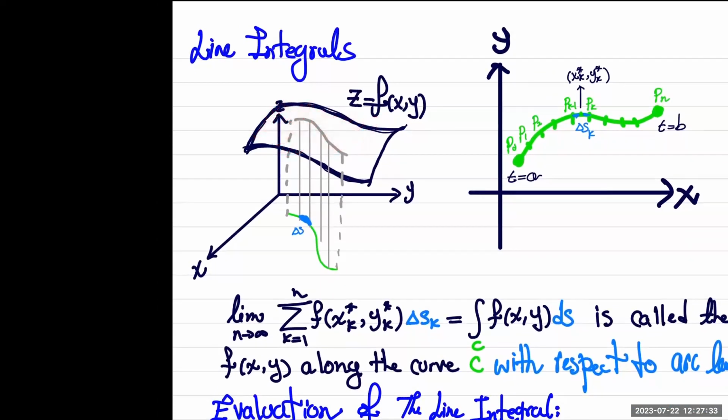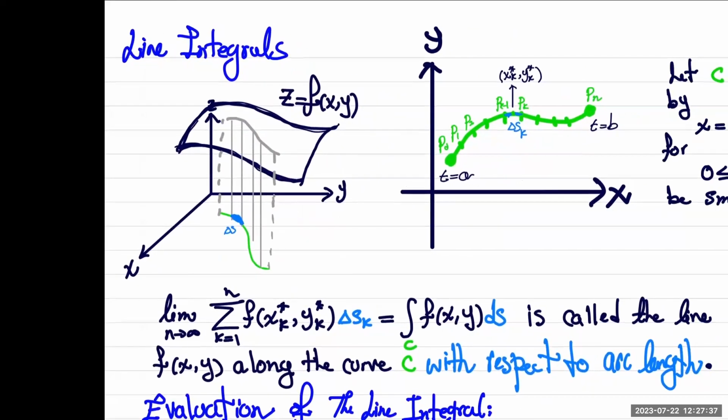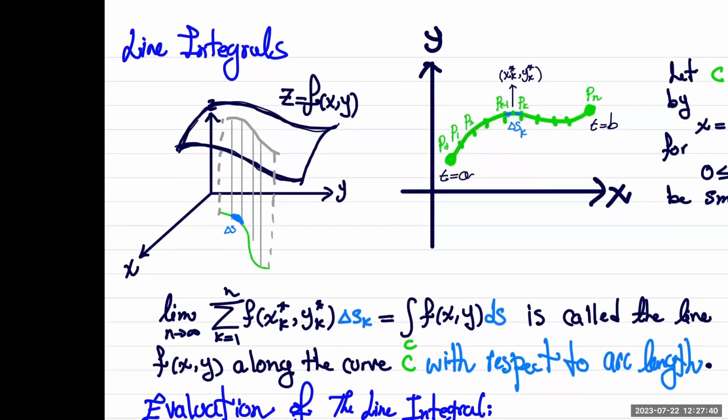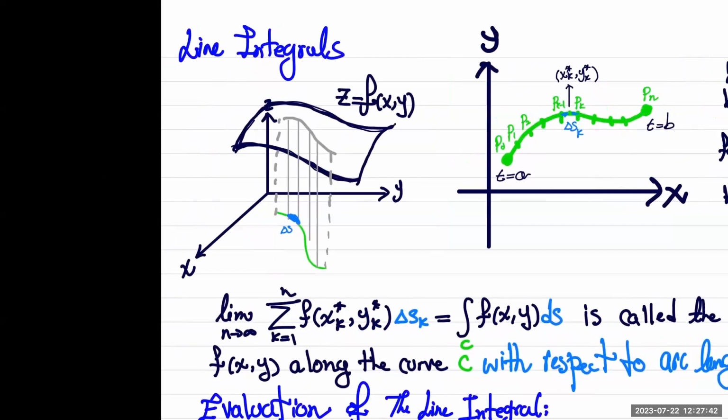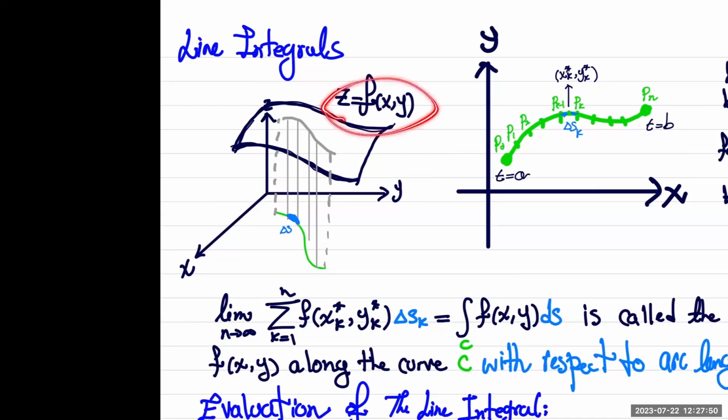And we have this curve, the one that I drew here, in the xy plane. Okay, and the goal is to integrate this function over this curve. And that is called the line integral of f.